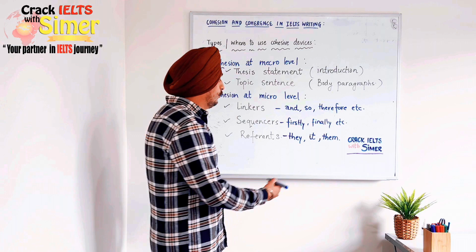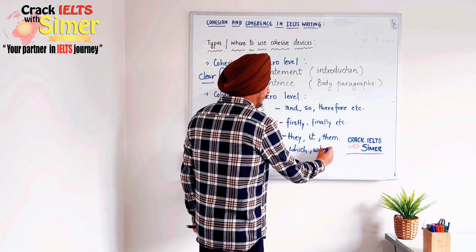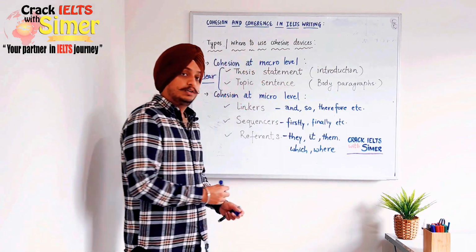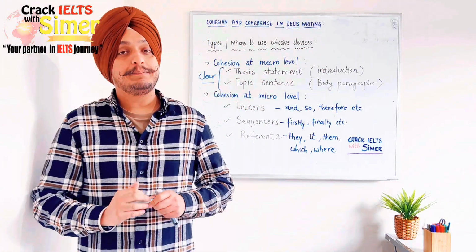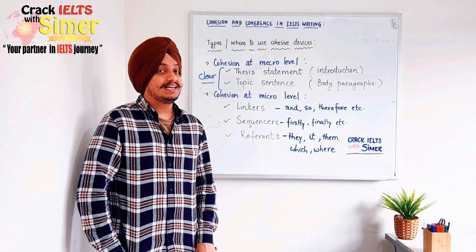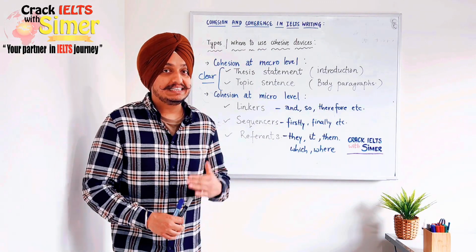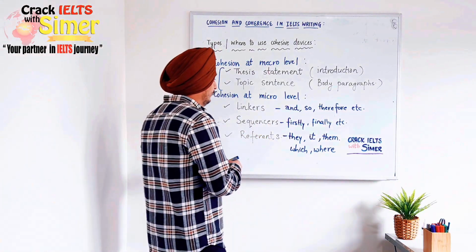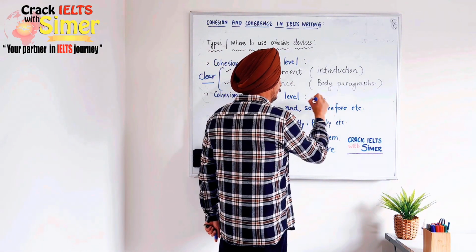You can use words like which, where, to make references to what you have already written in the previous sentences. Now, my favorite linker, generally students ask me what my favorite linkers are. My favorite linkers are and, also.